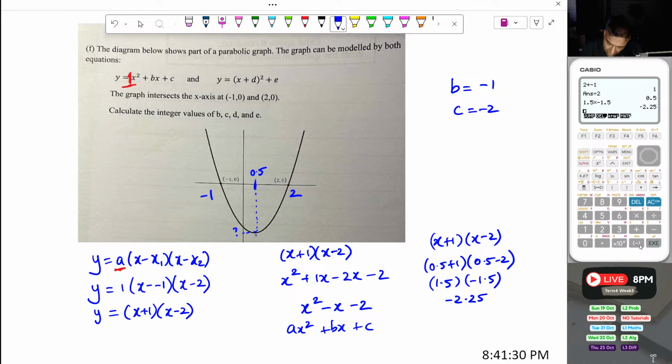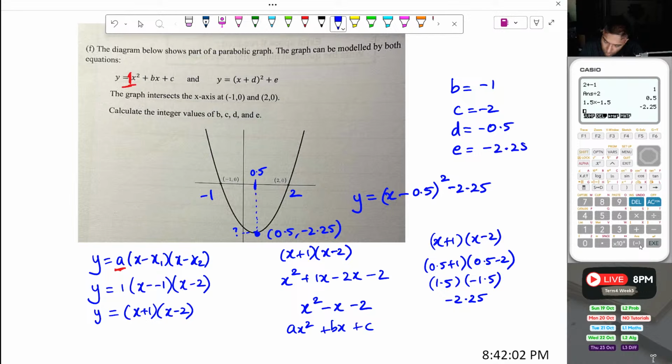So this point right here is going to be 0.5 and negative 2.25. From that, I can write it as y is equal to x minus 0.5 squared minus 2.25. That means d equals negative 0.5 and e equals negative 2.25.